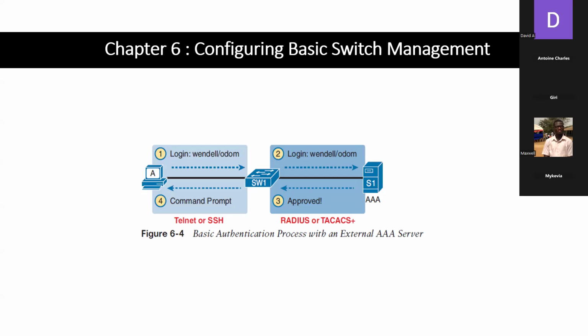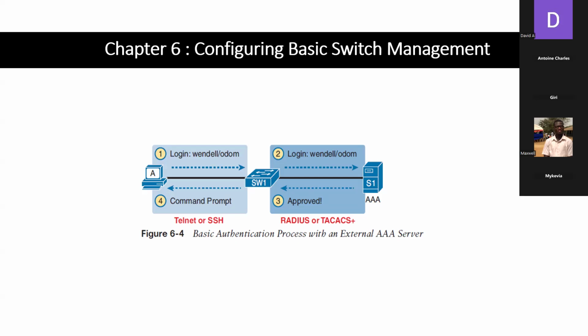The switch is the authenticator. With Antoine configuring the switch to be the authenticator, that authenticator now needs to pass those credentials to an authentication server. The authentication server is that AAA server all the way to the far right.